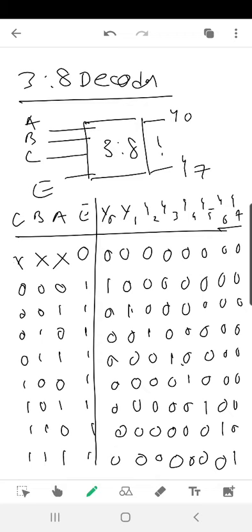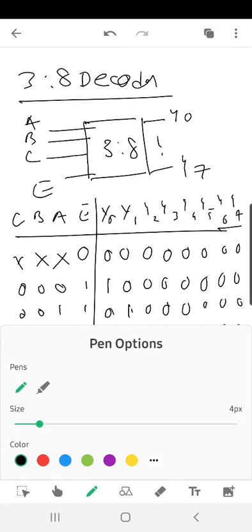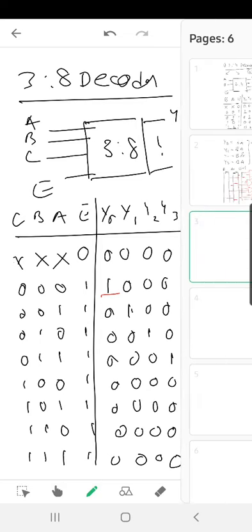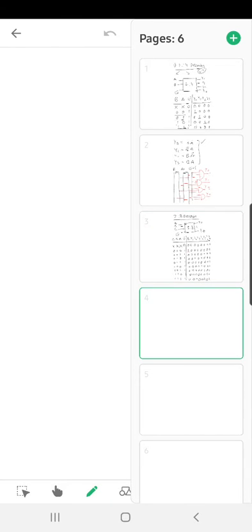When I talk about our expression for y0, the value of a, b, c is 0, so it will be represented by a complement, b complement, and c complement. So we will get y0 equals a complement, b complement, c complement.